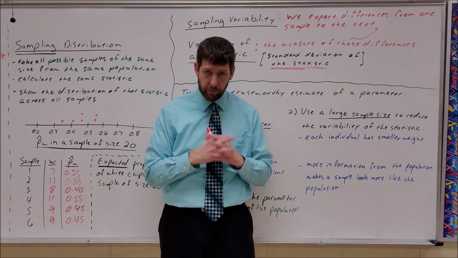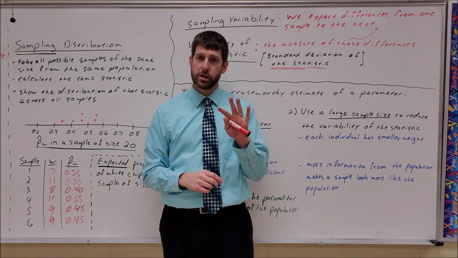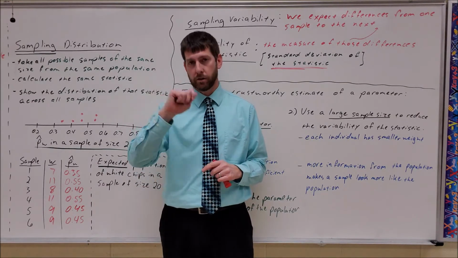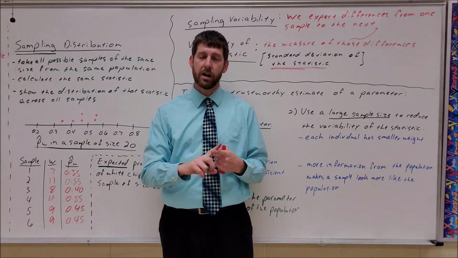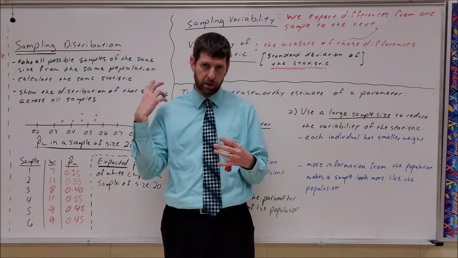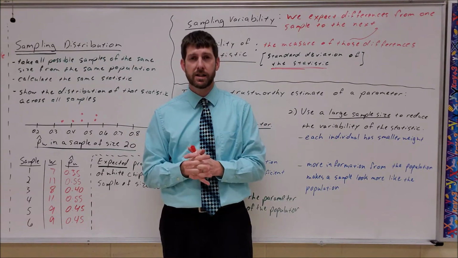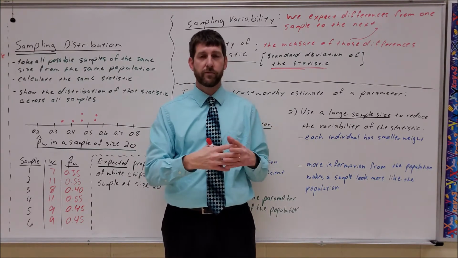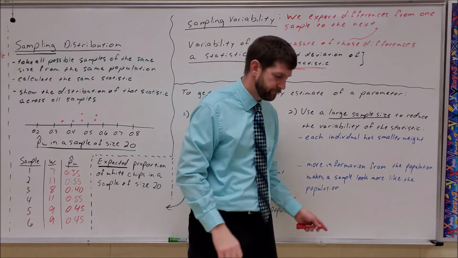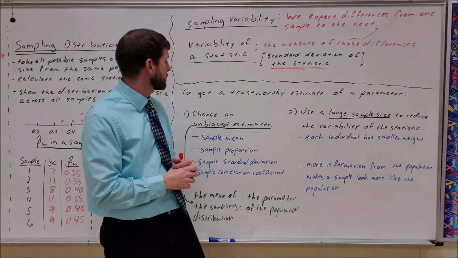When they say standard deviation of a population, you're using sigma. Standard deviation of a sample, you're going to use s. Standard deviation of a statistic, that's going to be different calculations depending on what the statistic is and how we're doing it. So standard deviation of the statistic means go find standard deviation from your sampling distribution. And we're going to get into that through these next few lessons about how to do these calculations.